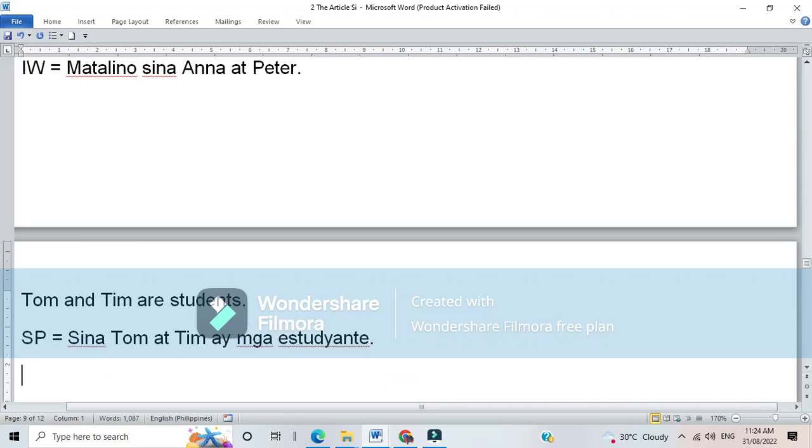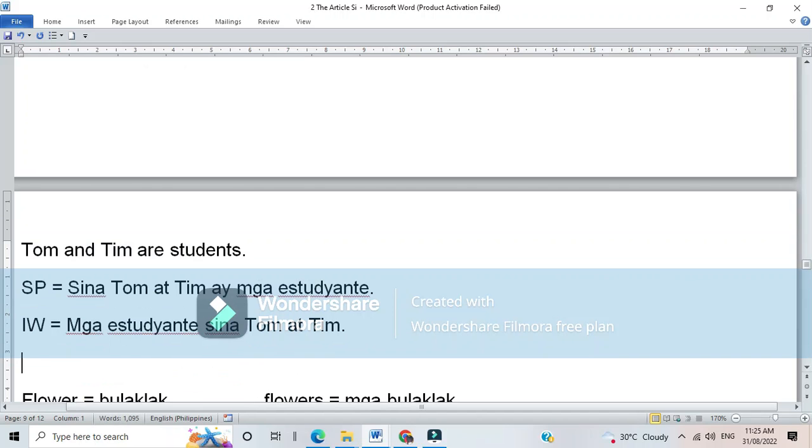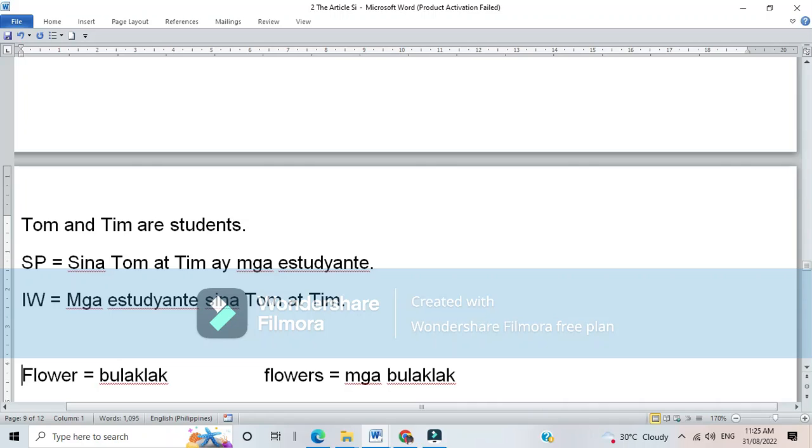So how about if we will say this using the inverted word order? Mga estudyante sina Tom at Tim. Okay. Just like if we say flower, so flower in Tagalog is bulaklak. But if you will say flowers, you'll just add mga bulaklak. Okay, so that's the use of mga.